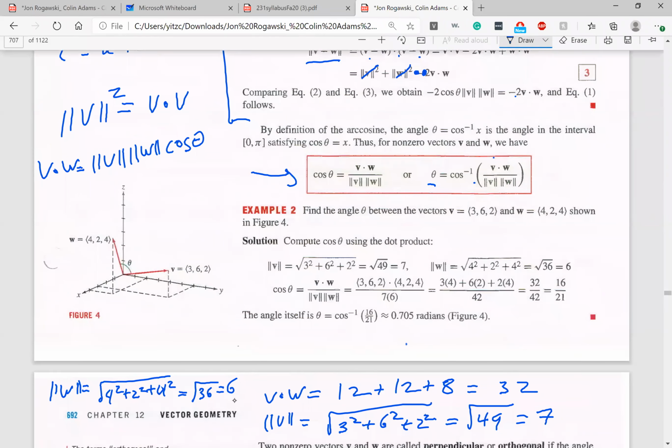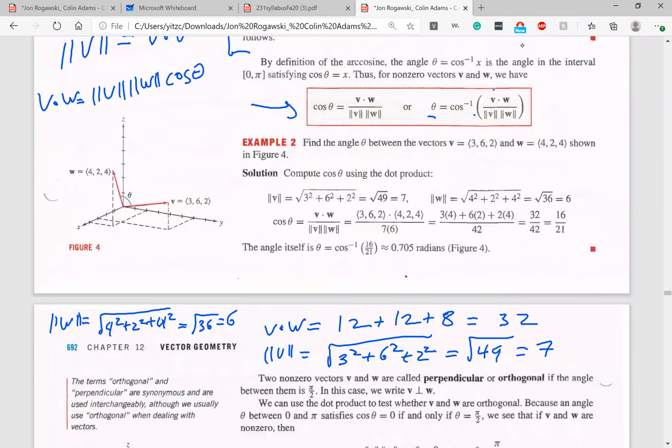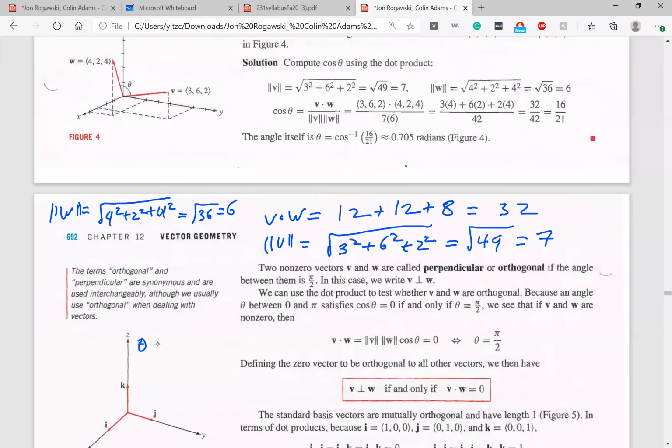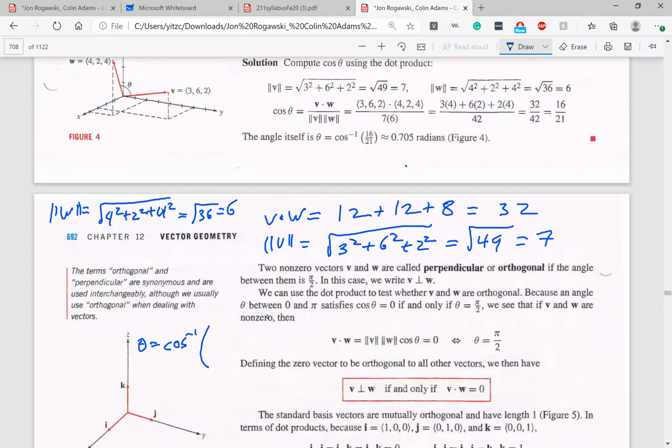Now, in order to find the angle between these two vectors, we just use the equation that we have above. So we know that the angle is going to be equal to cosine inverse of the dot product between V and W, so that's 32, over the magnitude of V, which is 7, times the magnitude of W, which is 6.